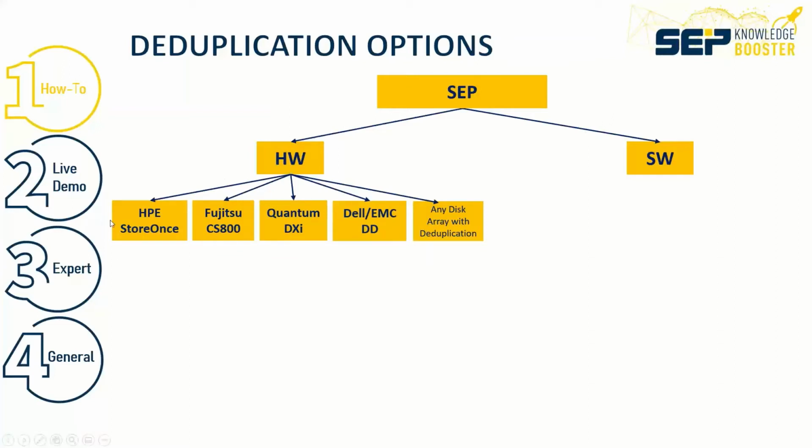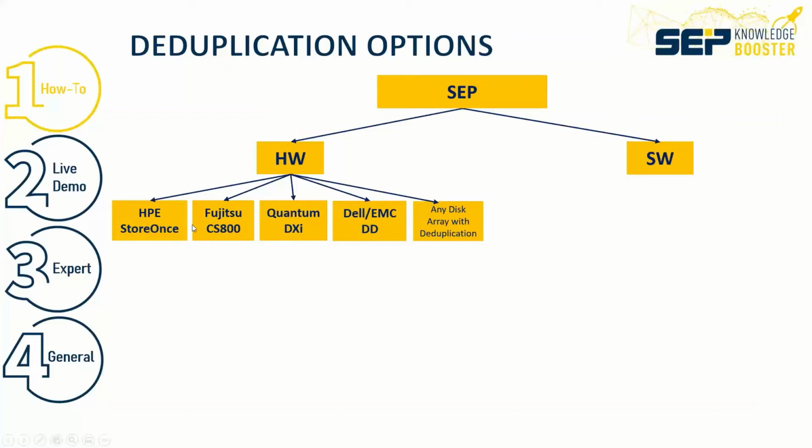For the hardware, we have, for instance, an HPE StoreOnce, Fujitsu's Eternus CS800, Quantum DXi, the Data Domain, or any kind of disk array with deduplication like NetApp or whatever. And they can all be used as a backup storage.